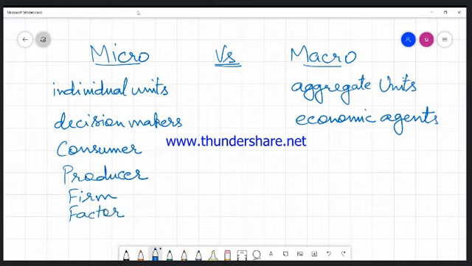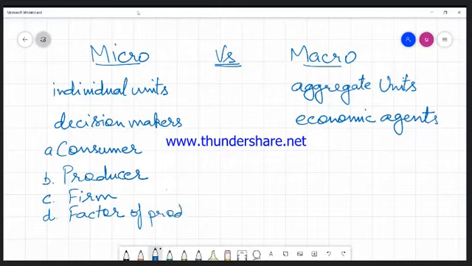These are the four aspects we have already studied. We have talked about consumer theory, producer theory, firm or market, and then factor of production.